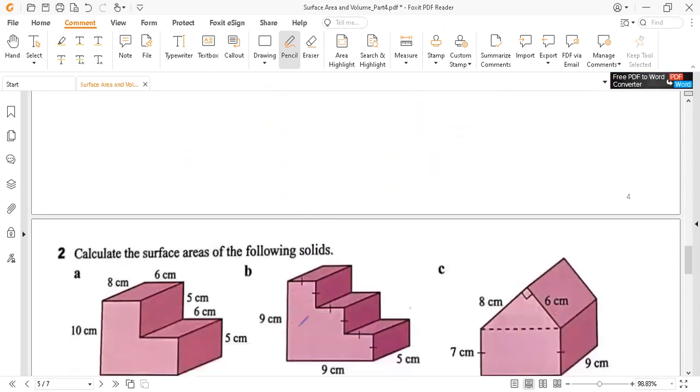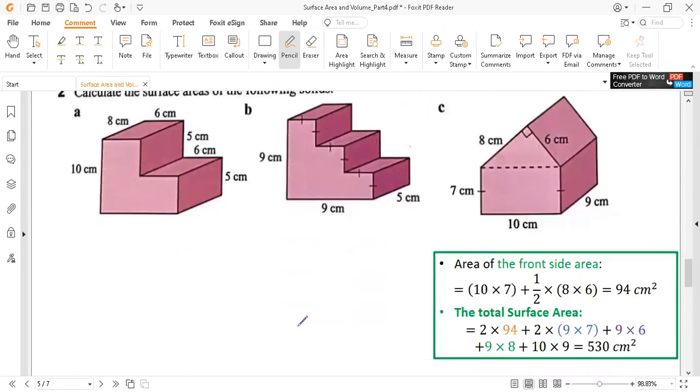The total surface area is computed the same way as for the following example, which is very easy to compute. This composite one: the area of the front side is a rectangle plus a triangle.